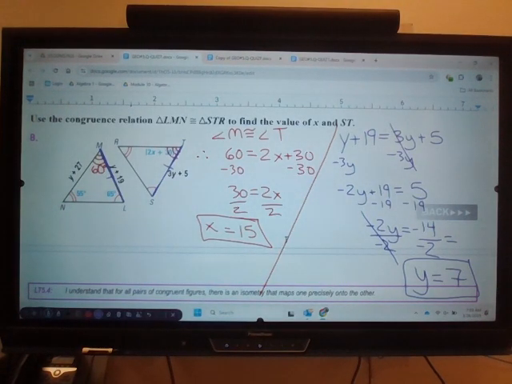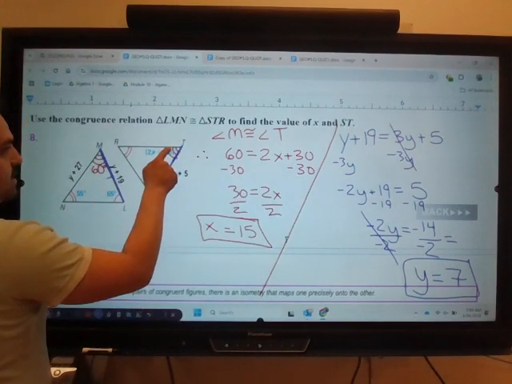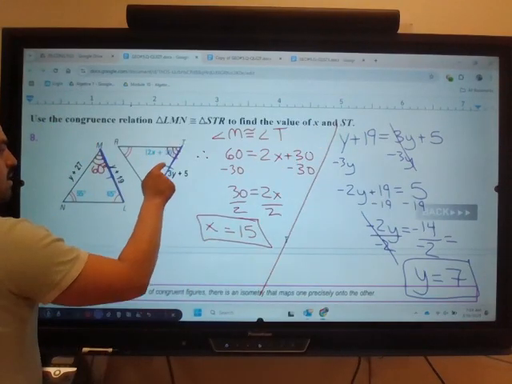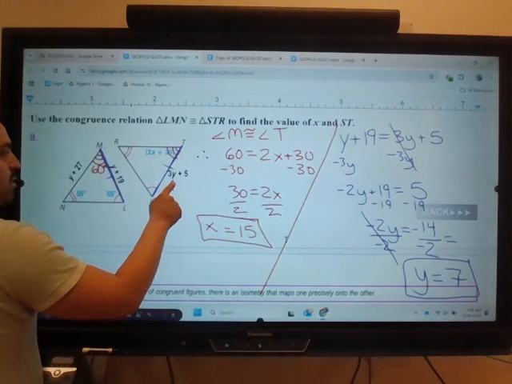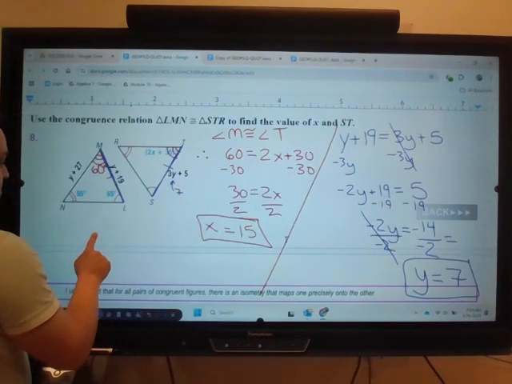We're not done though. Remember, they wanted ST, or the measurement, the length of ST. So let's plug in what we got for y, our 7, to finish this off.